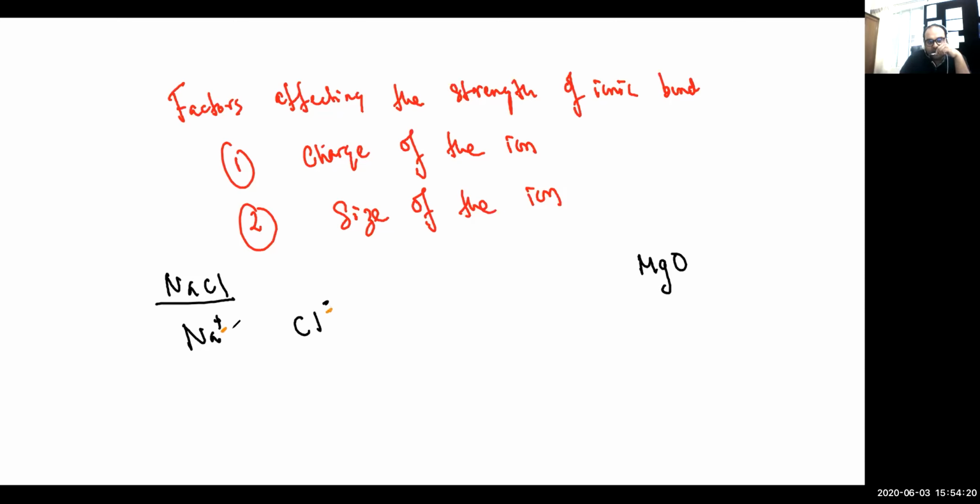So আমরা ধরে নিলাম they have just one bond. ধরে নিলাম, but that's not true.